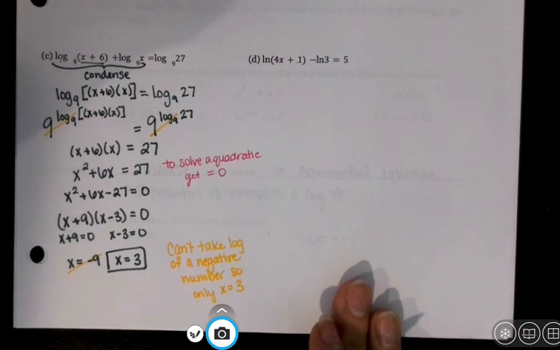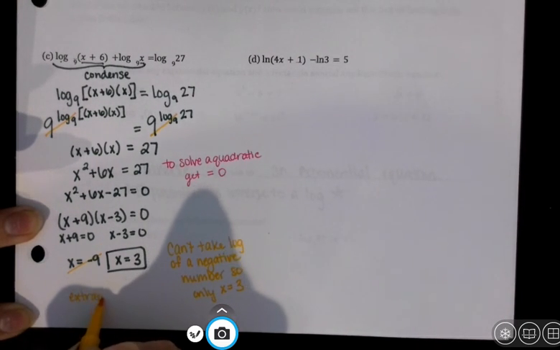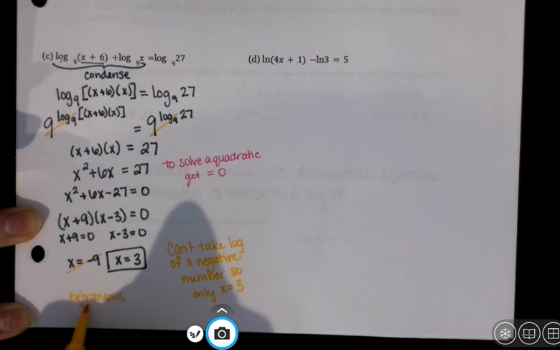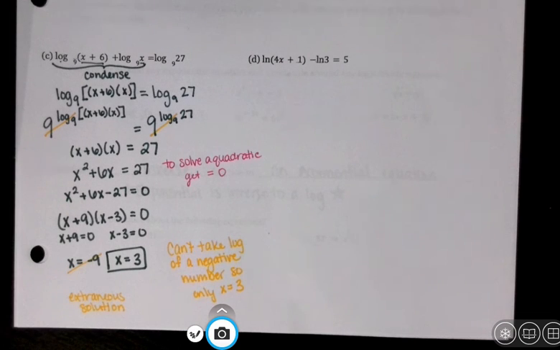And what ends up happening, this is called an extraneous solution. You won't need to remember that for pre-calc, but you might see that in future math classes if you go to calculus. So it's an extraneous solution, and the only answer I want is x equals 3.